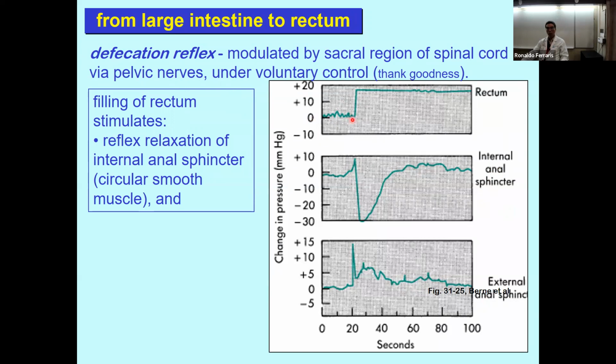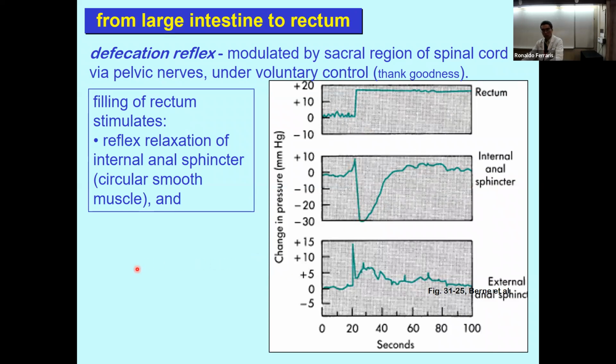And when your rectum fills up, as depicted here, immediately you have a reflexive relaxation of the internal anal sphincter, shown here. So once your rectum fills up with fecal material, your internal anal sphincter relaxes.